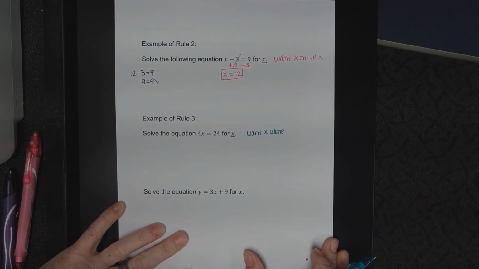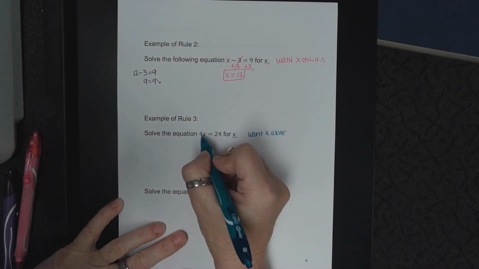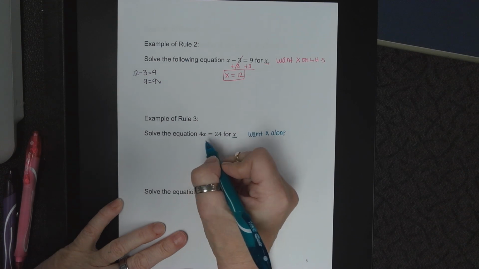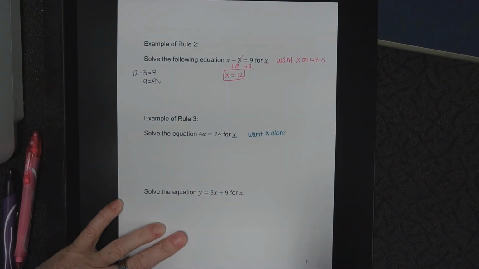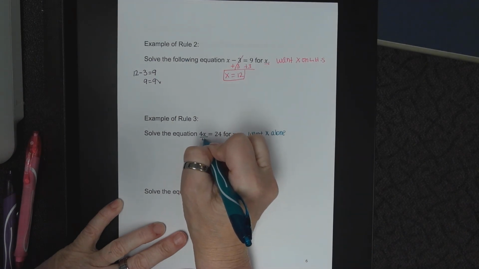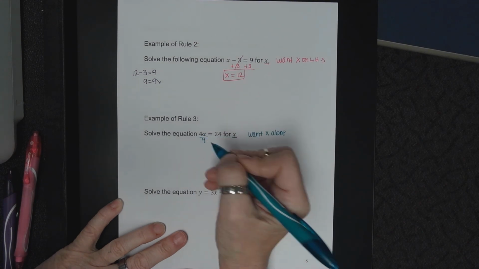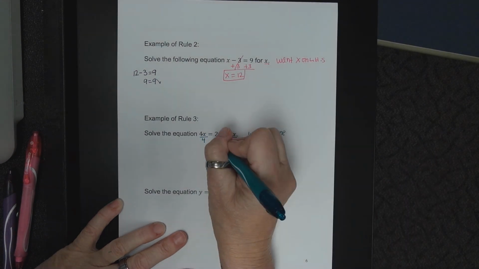Let's talk about this for a minute. 4x equals 24. So this implies that this is a multiplication, right? Because that means 4 times x. So what undoes multiplication? Like, what's his arch nemesis, I guess? It would be division, right? So if this is multiplication, then we can divide. We divide by 4 on this side, we have to do it on the other.